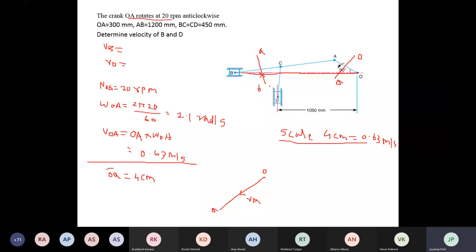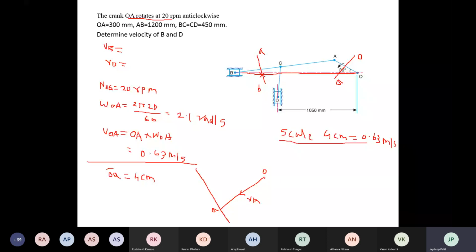Now first of all you have to draw the next vector AB, which is perpendicular to link AB, from A. Draw the vector perpendicular to AB and extend it on both sides. Next is the motion of the slider from the fixed point. The fixed point is O, and the motion of the slider is horizontal.